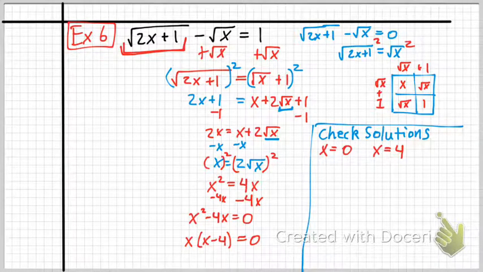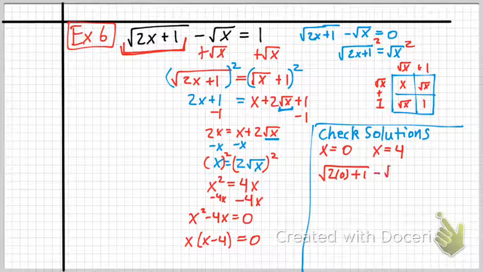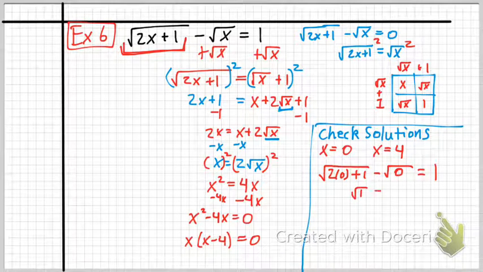So we want to say the square root of 2 times 0 plus 1 minus the square root of 0 is equal to 1. And what we'll see here is that 2 times 0 is 0, so this is the square root of 1 minus the square root of 0, and that's equal to 1.